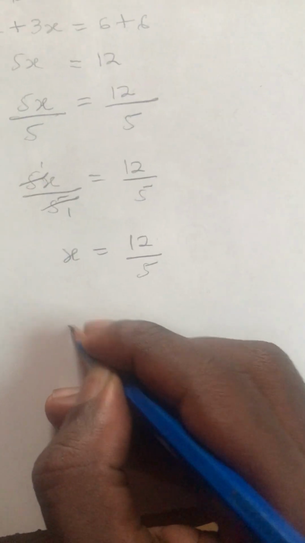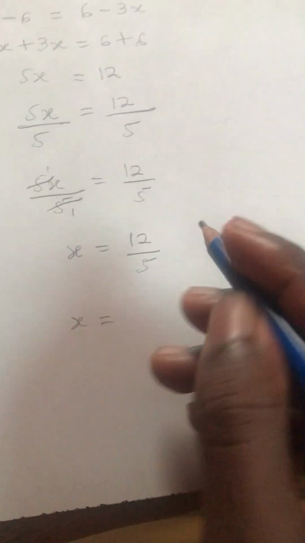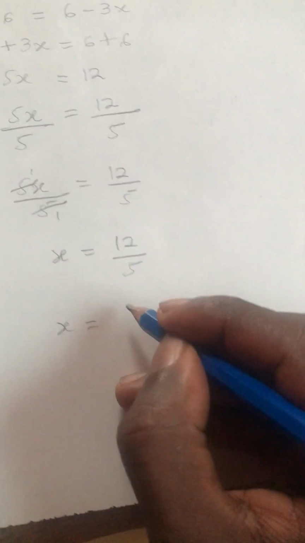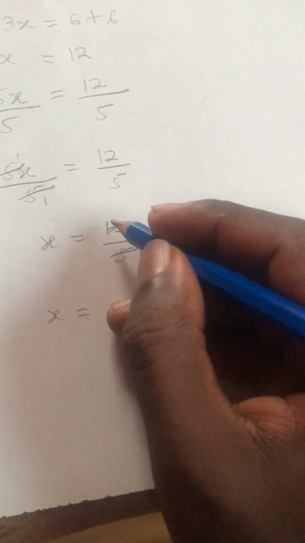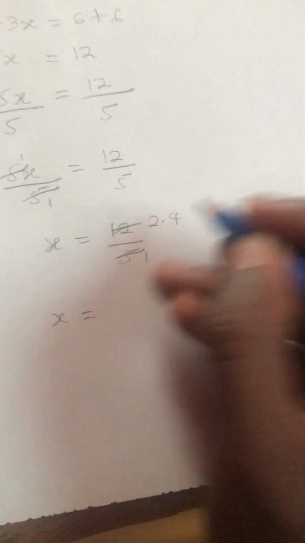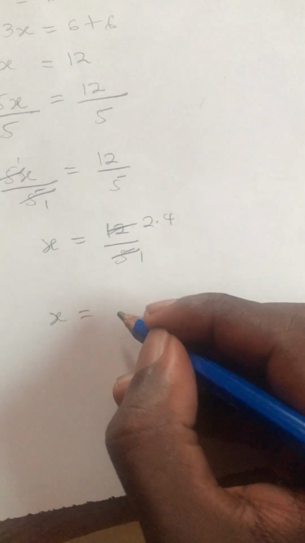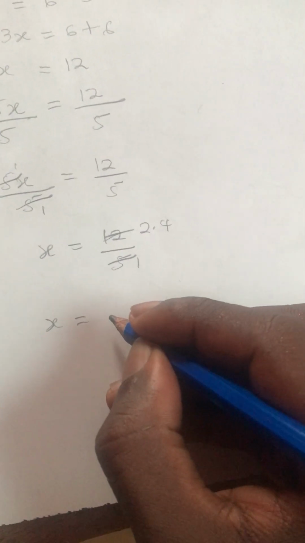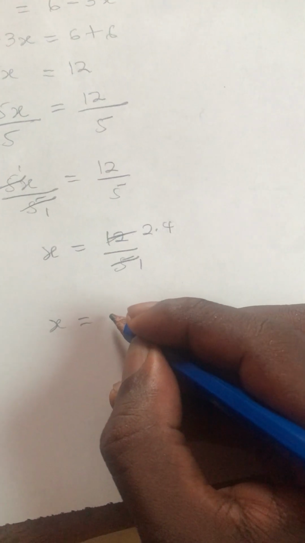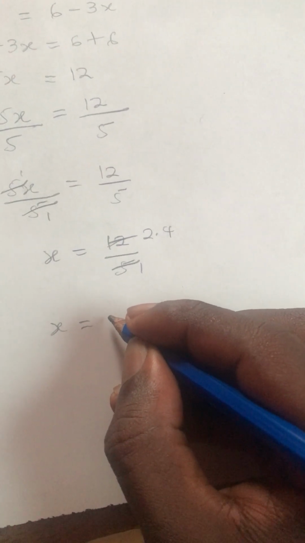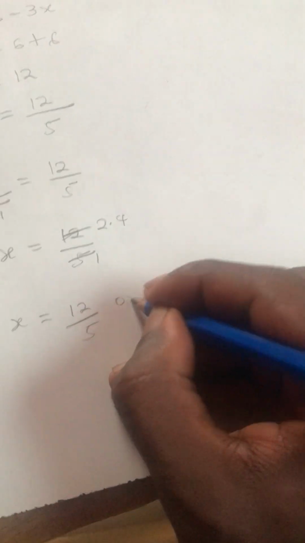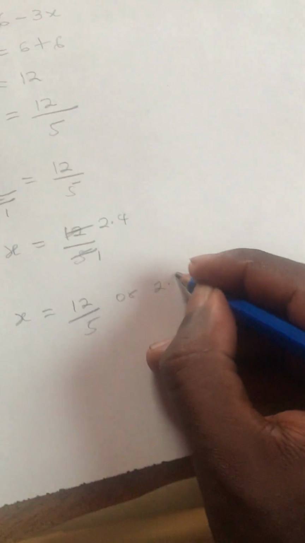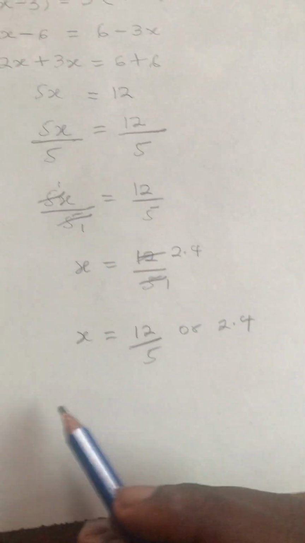When you simplify further, 5 enters 12 2.4 times. So we are going to have our x to be equal to 12 over 5 or 2.4. So this is our final answer.